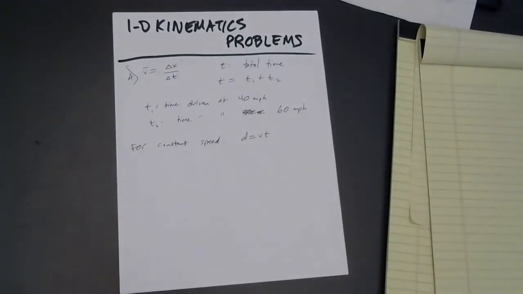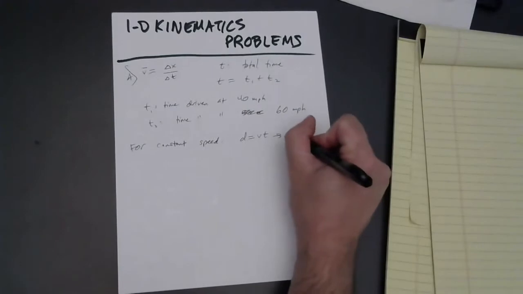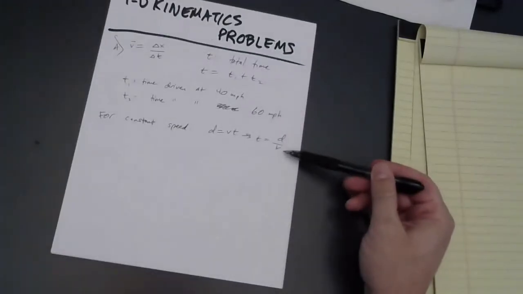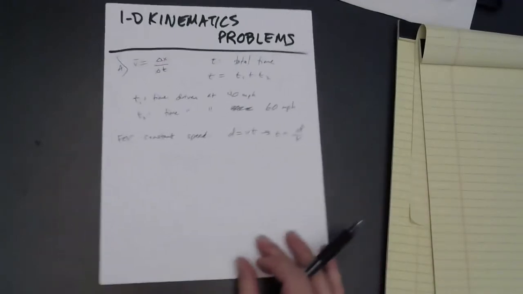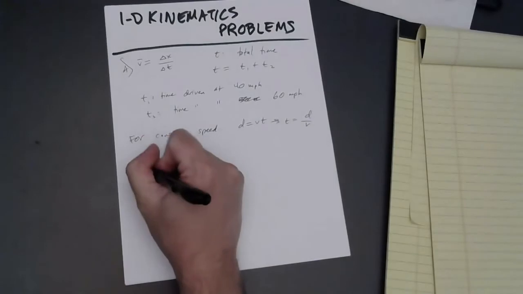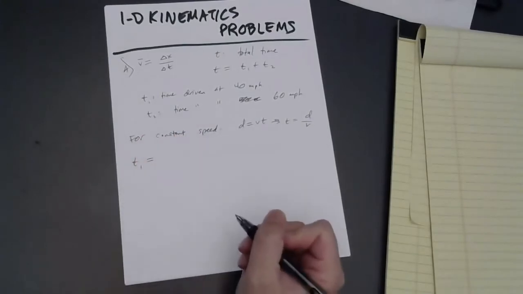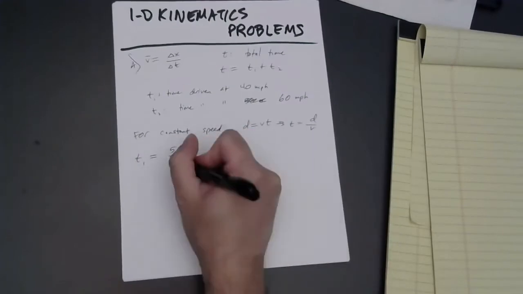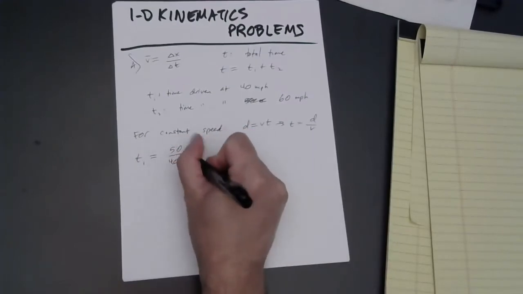Distance equals speed times time. And let's solve that for time. So all we have to do is divide the two speeds into the distances to find how long she spends driving at those speeds. So time 1, the time spent driving 40 miles an hour, we'll take the distance of 50 miles, and into that number we will divide 40 miles per hour.